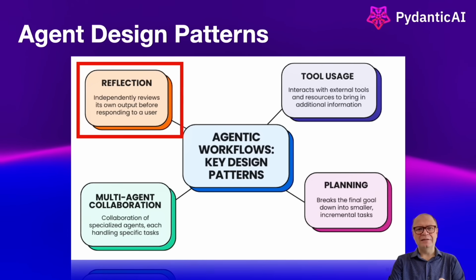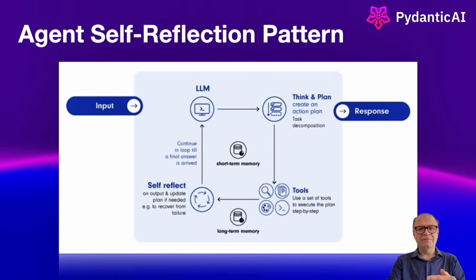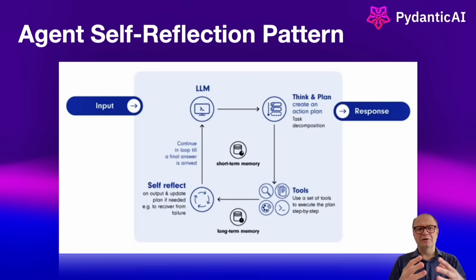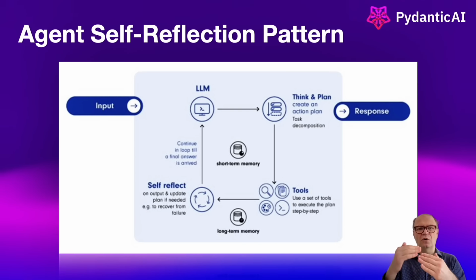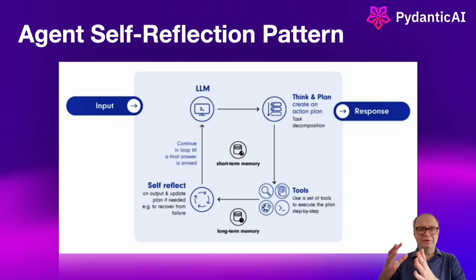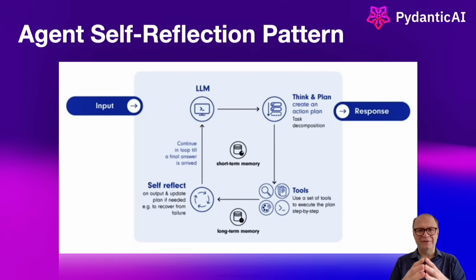Now, let's take a look at a couple of design patterns for agent self-reflection. The first way, the classical agent self-reflection, works like this. There's an input from the user that goes to the LLM. The LLM does either a task breakdown or a planning phase and perhaps uses a set of tools. Now, if either the LLM or the tools kick out an error message, then the agent can go through a self-reflection mode and try to alleviate the errors or fix the errors.